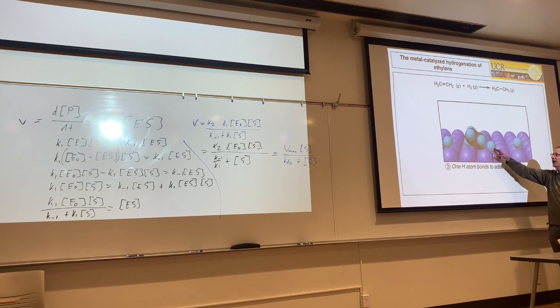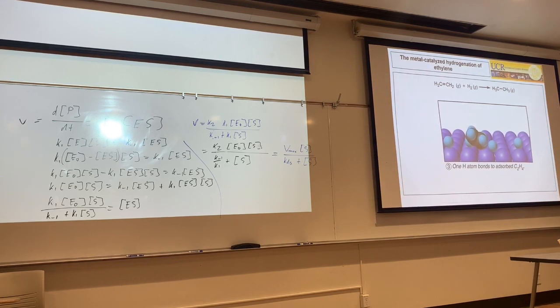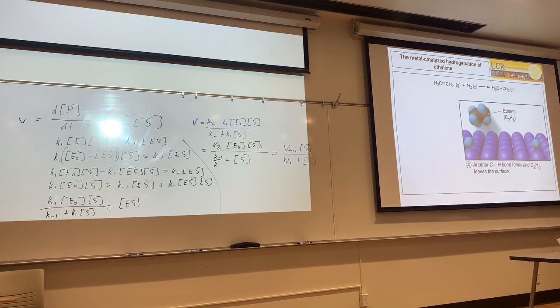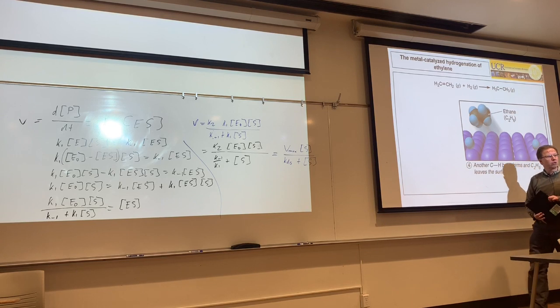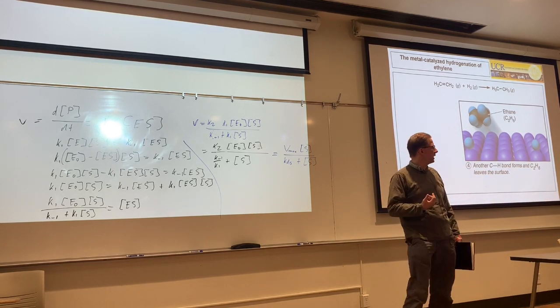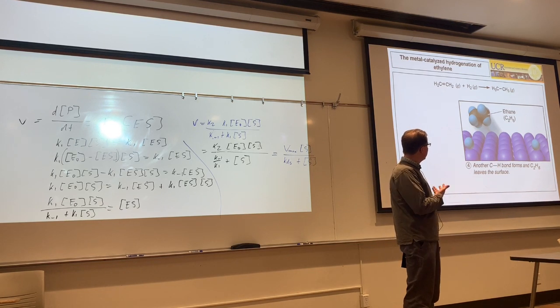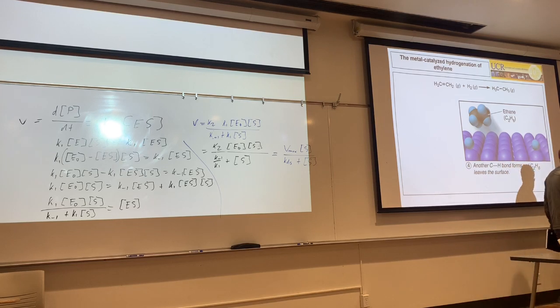But there might be another hydrogen atom, and it might also bump into this one over here now. And then we can have the desorption of ethane, which at that point has all its carbons saturated with hydrogen, not being able to bind anymore to the substrate. And we have, again, or still a population of hydrogen atoms on the substrate.